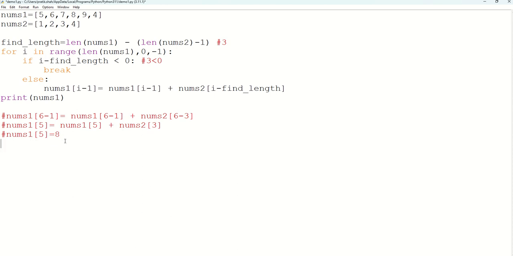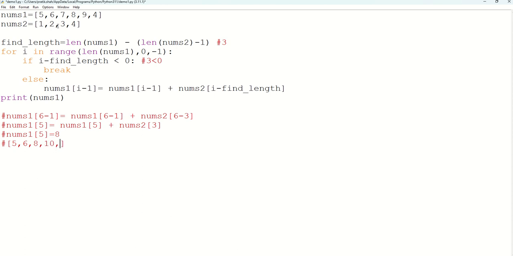So likewise, if we check, we will get the final answer: 5 and 6 will remain as they are. Then 7 with 1, it will be 8. Then 8 and 2 will be 10.